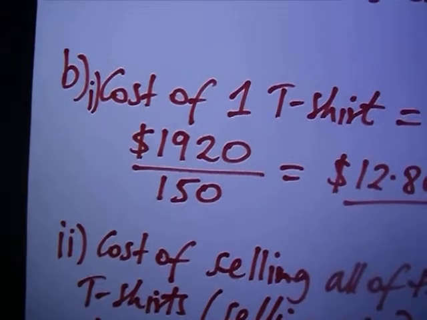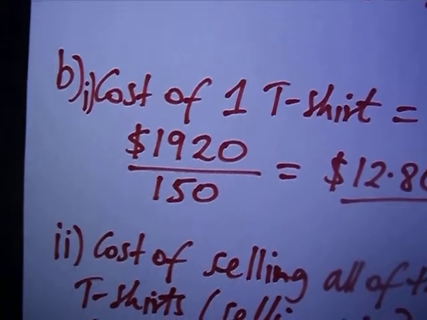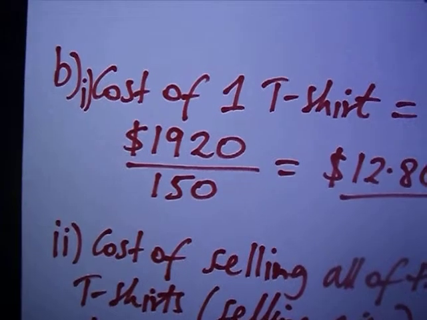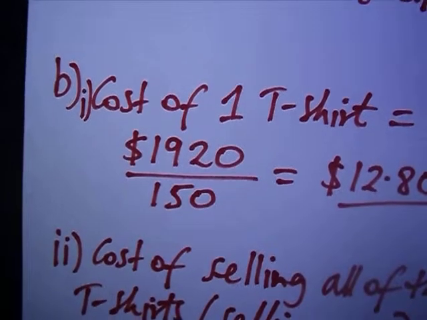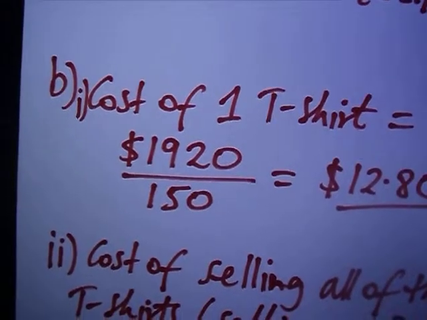Next, you're asked to calculate the amount of money Mrs. Jack received after selling all of the t-shirts, if the t-shirts are sold at $19.99 each.